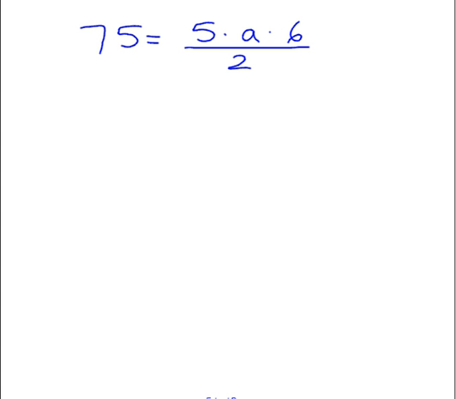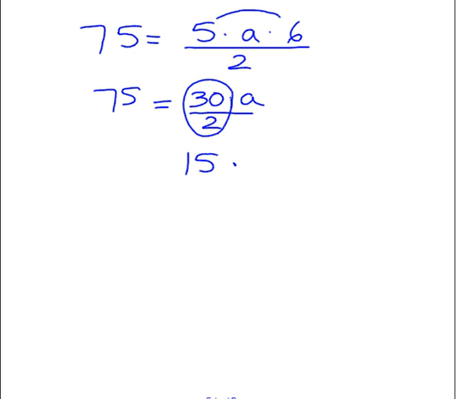So on the top, you can simplify this, right? 5 times 6, because remember, in multiplication, it's commutative, so you can switch around the numbers. So 5 times 6 is 30 times a divided by 2. So we are at this step. Now you can see here we have 30 divided by 2. You can do this operation. 30 divided by 2 is 15.